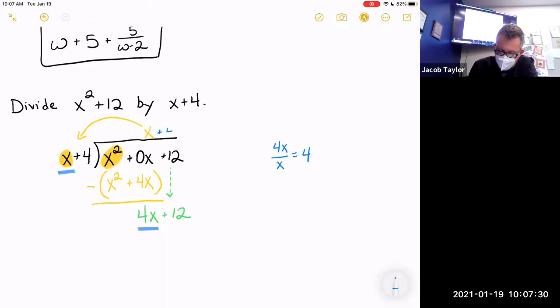It's a positive 4, so I'll do plus 4. And then I'm going to do some multiplication. 4x, and 4 times 4. Positive 4 times positive 4. Yeah, you got it. 16.